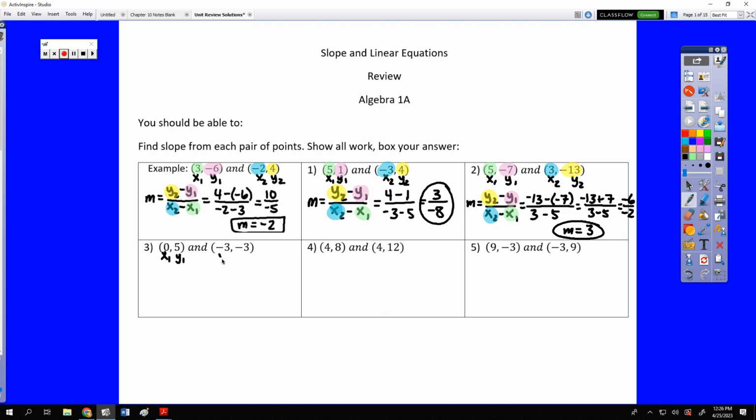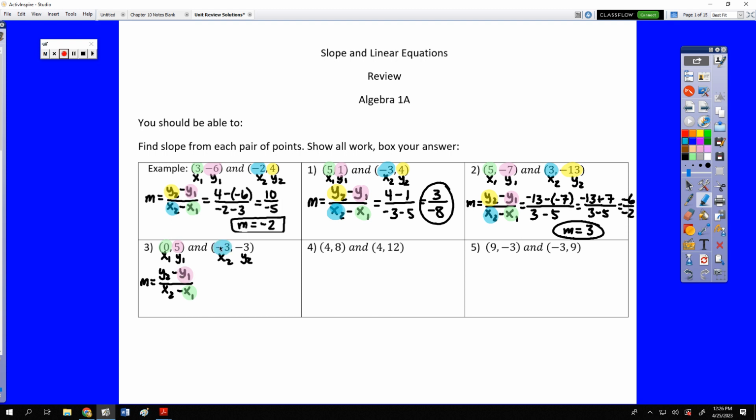x1, y1, x2, y2. Okay, the slope is y2 minus y1 over x2 minus x1. We are then going to carry this out exactly the same way we did the first two. 0 will get plugged in for x1. 5 will get plugged in for y1.